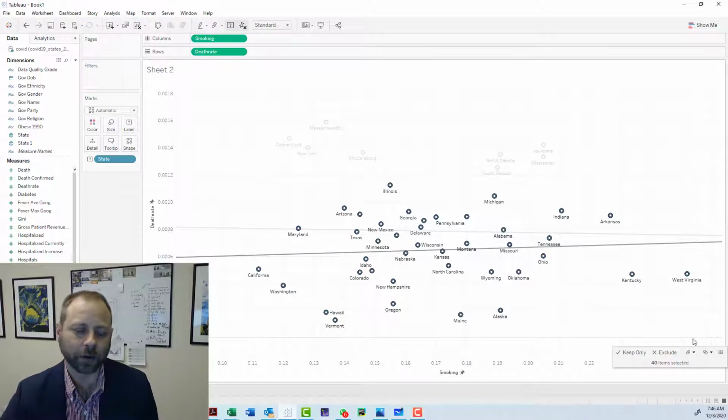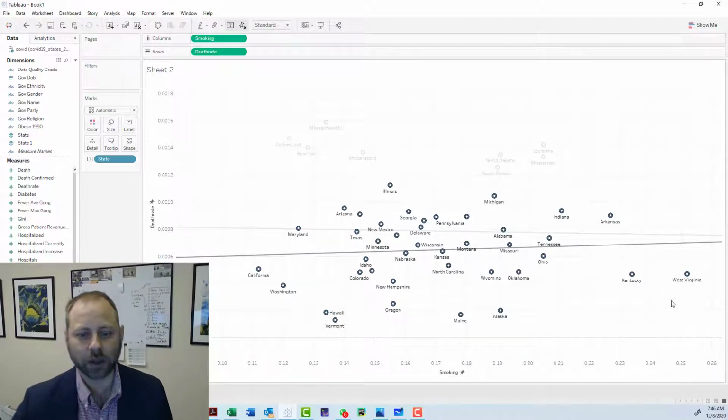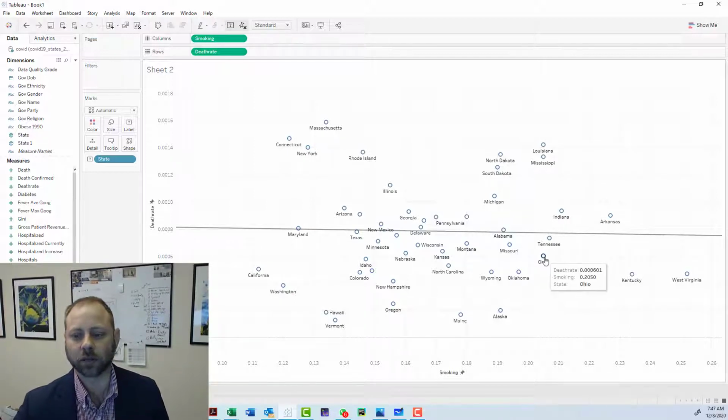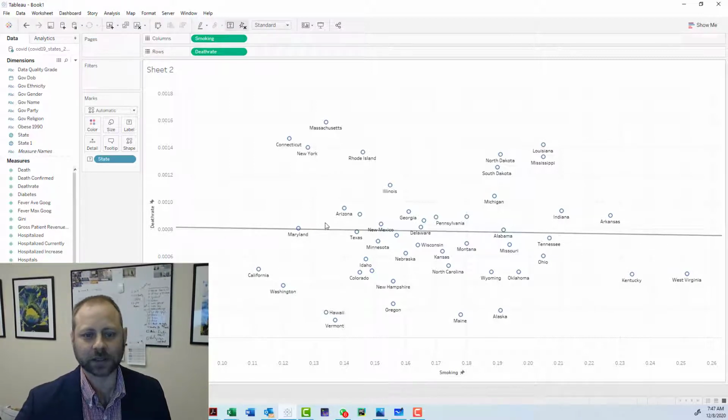Still fairly flat, so not much of the smoking, which is ironic because you know that the rates of smoking have decreased over time, right? Higher smoking is the southern states over here. Again, data's messy. Yeah, so smoking's not the biggest concern, but it's still there.